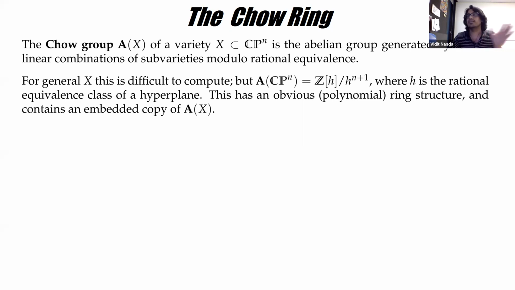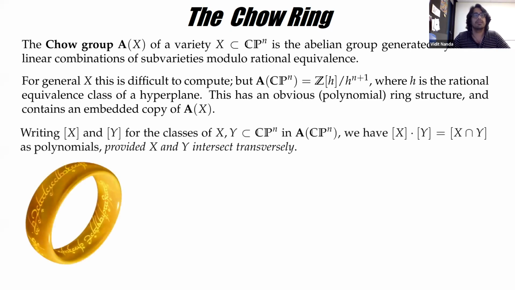And this contains an embedded copy. So you can realize the Chow ring as generated by some sequence of polynomials. If you write x and y for the classes, with the brackets for equivalence classes, then they intersect as polynomials.